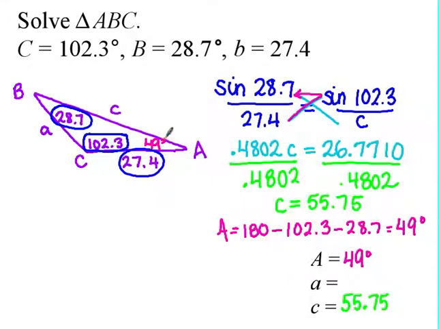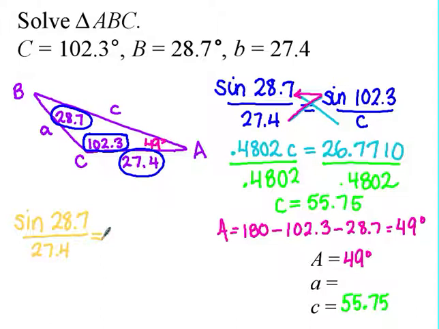So now I need to find side A. And so, last but not least, in order to find side A, I'm going to stick with that same angle-side combination I started with. Okay, and that angle-side combination, if you remember, was sine of 28.7 over 27.4.